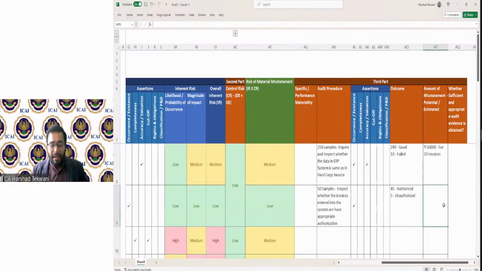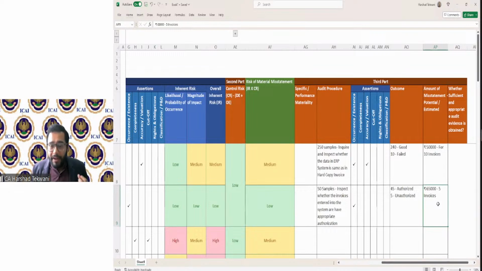And let's say the amount involved for the unauthorized invoices is rupees 65,000 for those five invoices. So five invoices are actually fake invoices. They were not authorized. Someone entered fake invoices. Now, when I say fake invoice, this will trigger a red flag for me, a kind of fraud risk.